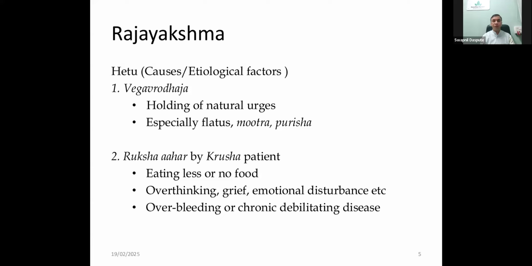So eating less or no food. Langhana. We see Langhana, Pachana as the line of treatment in many diseases.